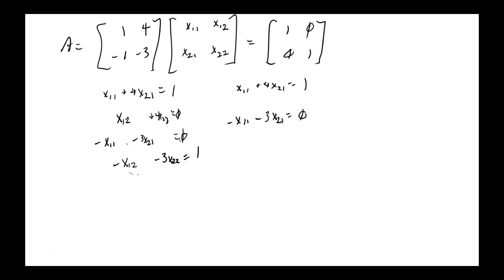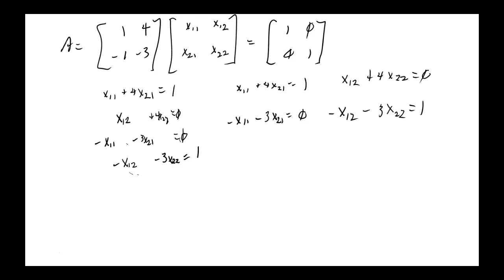Then do the two others. This would be x12 plus 4x22 equals 0, and minus x12 minus 3x22 equal 1. Now, that kind of sets us up the matrix again, doesn't it? Not that we really want it to, but that's what it is.